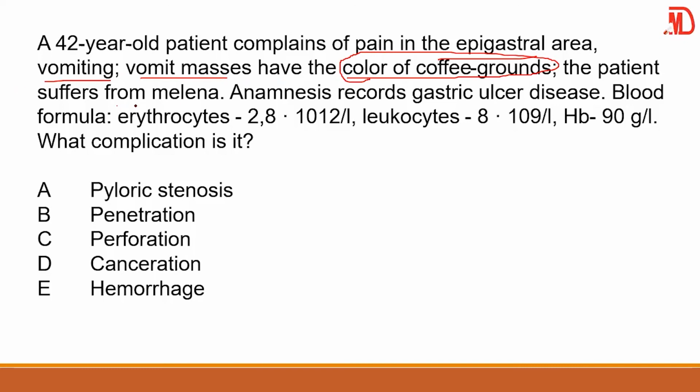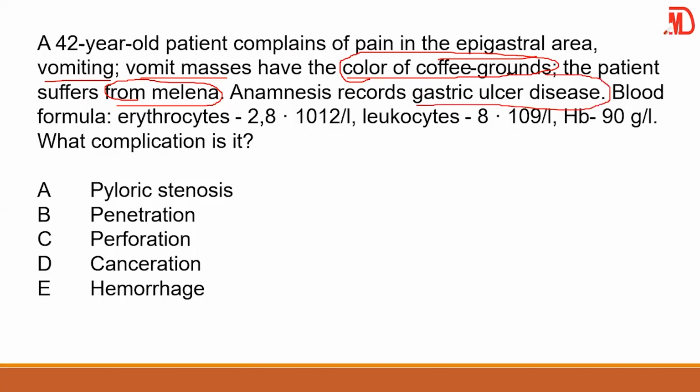The patient suffers from melena. First of all, the coffee ground means the appearance of red blood cells or blood inside the vomit mass, and the melena means the appearance of blood in the stool. But look at it, they are saying that the anamnesis shows a gastric ulcer disease.